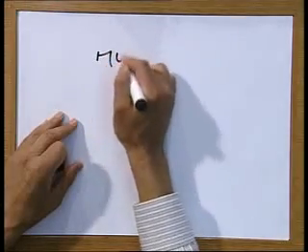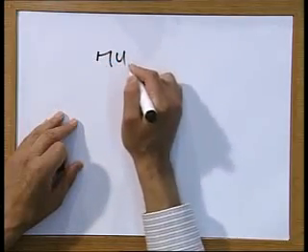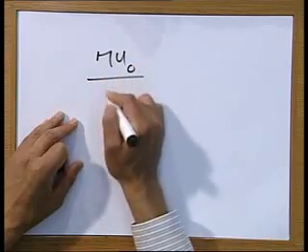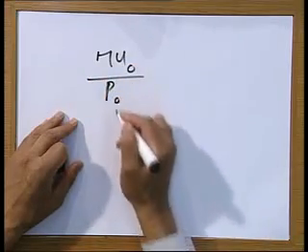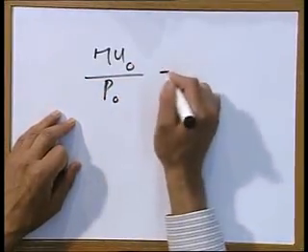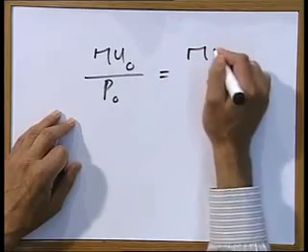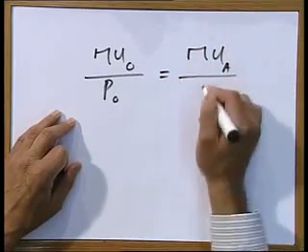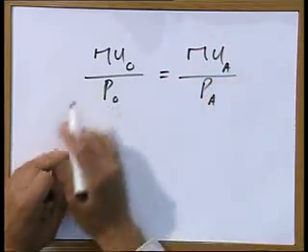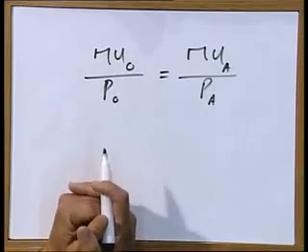So let's look firstly at two products. We say a consumer, that is your MU of oranges over the price of oranges, is equal to the MU of apples over the price of apples. So we assume that currently the consumer is in equilibrium.